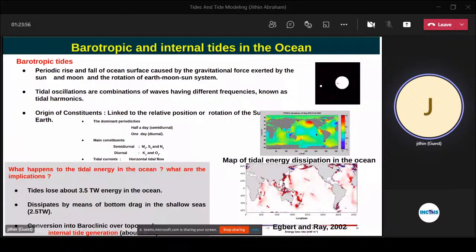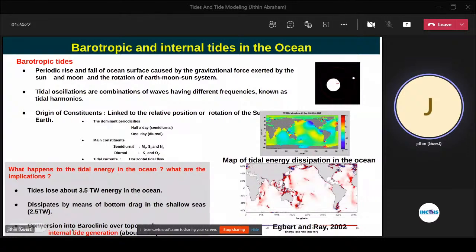It is estimated that tides lose about 3.5 terawatts of energy in the ocean. Most of it dissipates by means of bottom friction. About 2.5 terawatts of the 3.5 is dissipated by bottom friction.